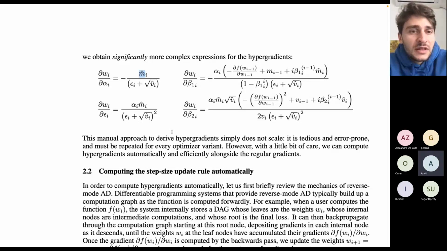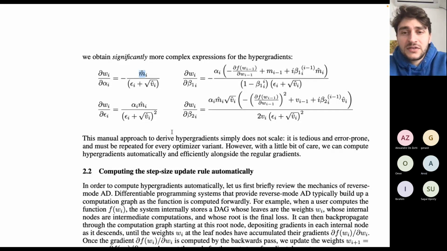And I think especially the error prone is a good point, because there are a lot of things that are very detail oriented but not very complicated, like solving a ton of algebraic equations, which is probably how these gradients are derived, that lend themselves much better to being done by a computer than by a human. So they're saying, why don't we just use automatic differentiation, so you never actually have to calculate the analytical formula for the gradient?